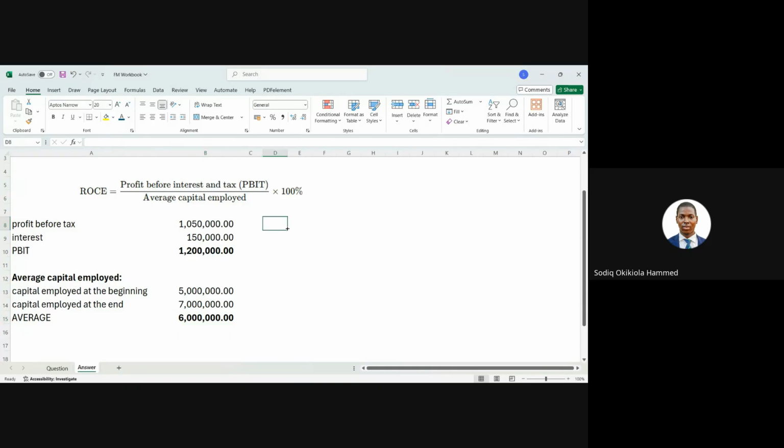So to use our formula now, our ROC, return on capital employed, is equal to what is our profit before interest and tax? 1.2 million. Let me use my formula.